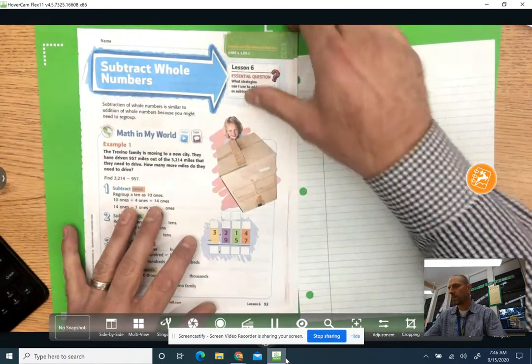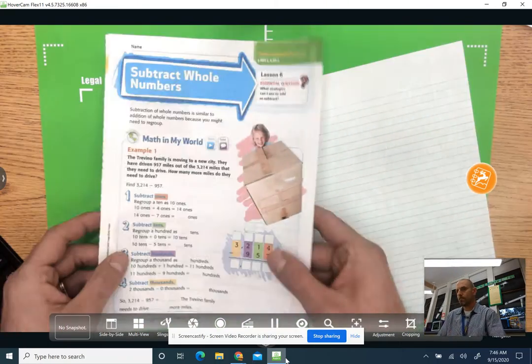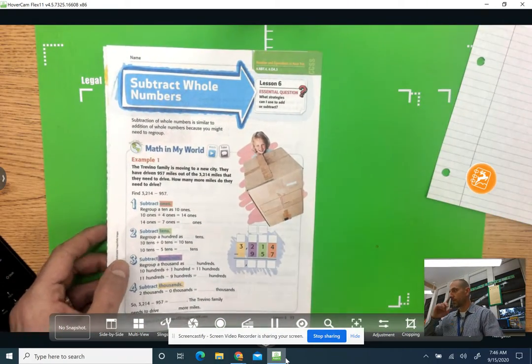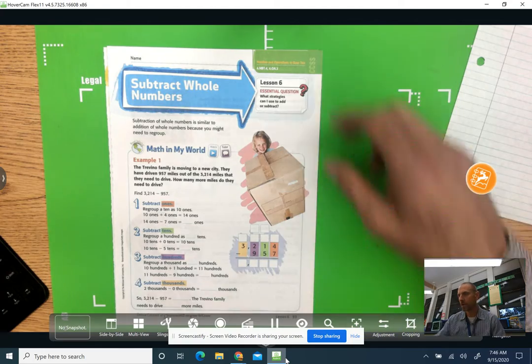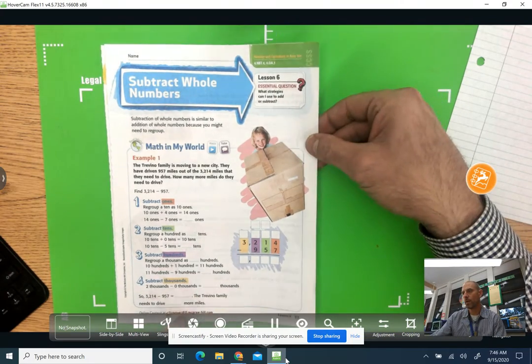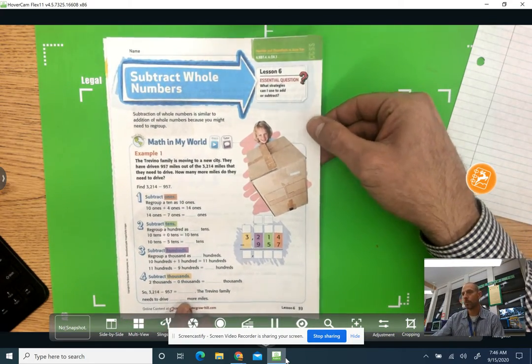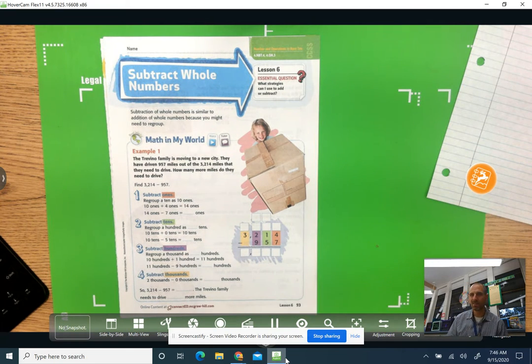So subtracting whole numbers can be similar to adding whole numbers because we often need to regroup. And in subtraction, we are learning and trying to remind ourselves that if the top number, the number you're starting with in the subtraction problem, has some digits that are smaller than the digits on the bottom, or what you're taking away from what you start with, you need to regroup.